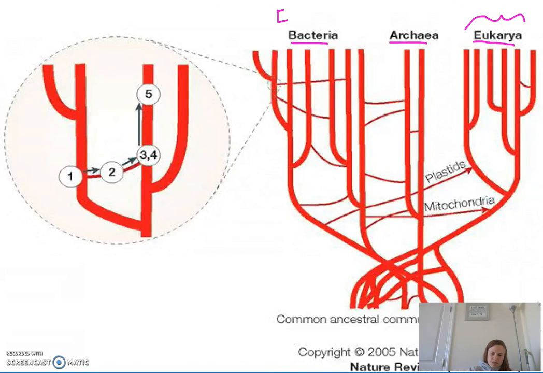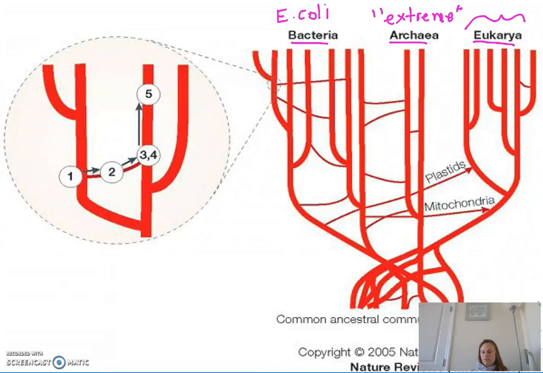Bacteria would represent organisms such as E. coli. E. coli is usually the classic example of bacteria. Archaea bacteria are known as your extremists. These organisms, these prokaryotes, can survive in extreme conditions, in either extremely cold conditions or extremely hot conditions.